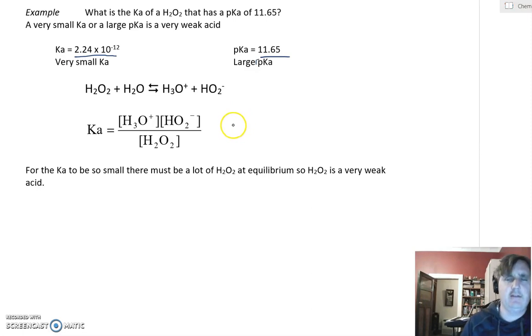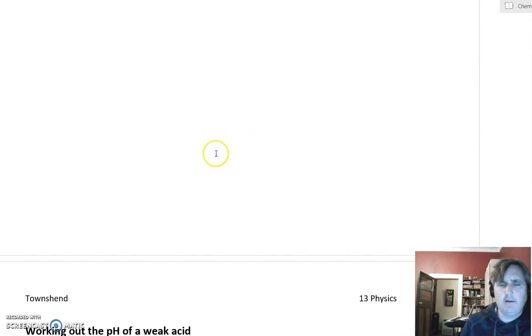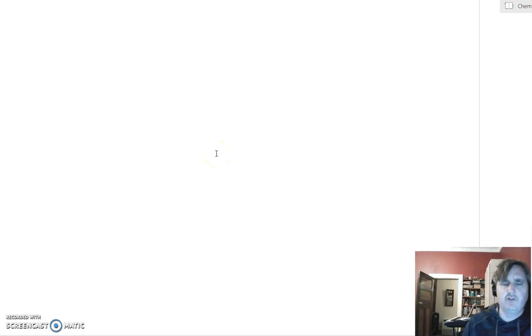That means that the less it dissociates, because it has hardly anything on the top. This is a low concentration, and on the bottom we have a higher concentration. That means it does not dissociate very much at all. Not very many peroxides dissociate compared to how many there are. So there is a high concentration of this. So that is a weak acid. That's generally what it is.